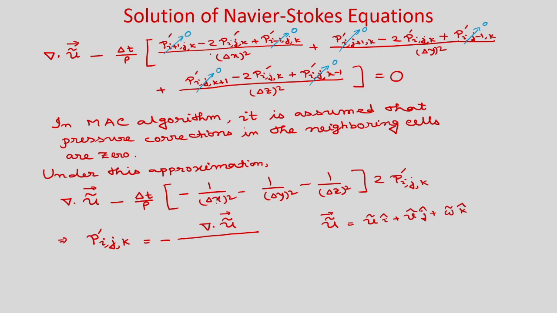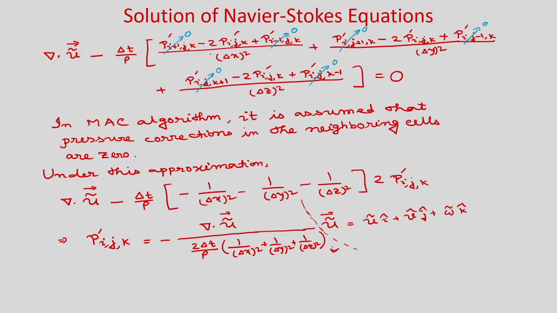And now in the denominator you will have 2 delta t by rho into 1 by delta x square plus 1 by delta y square plus 1 by delta z square.